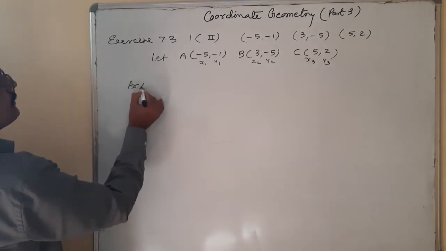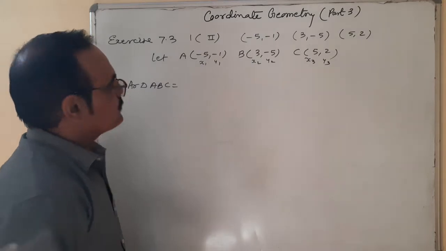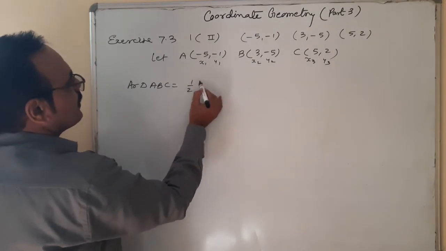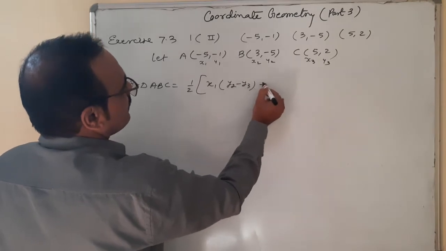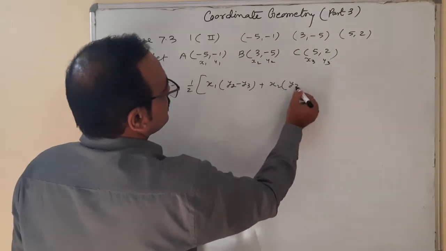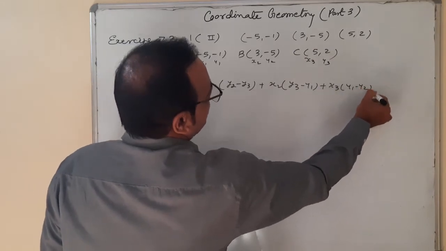Area of triangle ABC, because I have taken 3 points ABC, so area of ABC is equal to 1 upon 2 [x1(y2 minus y3) plus x2(y3 minus y1) plus x3(y1 minus y2)].